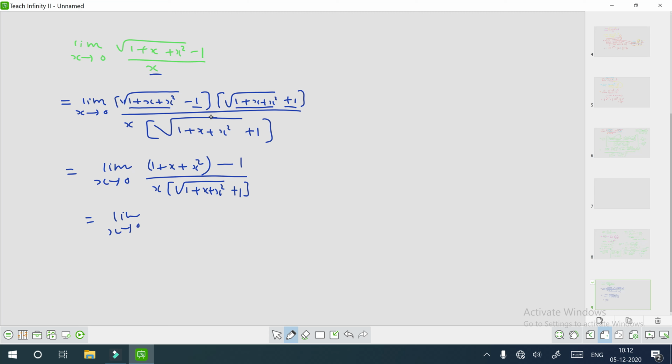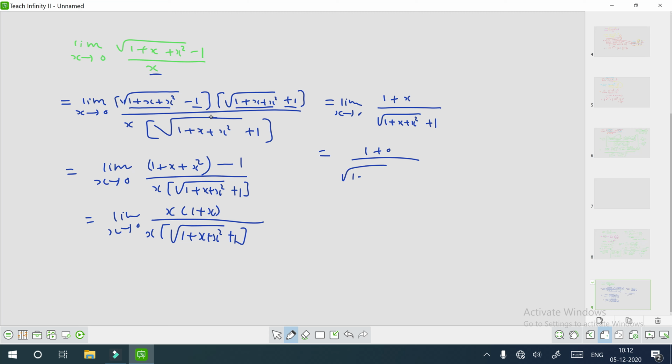Same time take x common from numerator, what we get? (1 plus x) over x into under root of 1 plus x square plus 1. x gets cancelled. So that is equal to limit x tends to 0, (1 plus x) over under root of (1 plus x square) plus 1. Now put the limit. 1 plus 0, under root 1 plus 0 plus 0 plus 1. So that comes out 1 by 2.